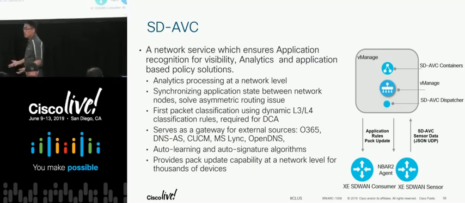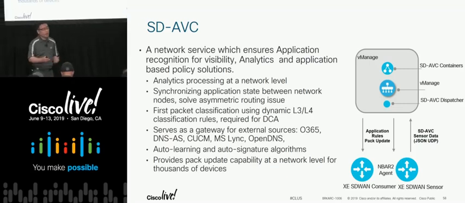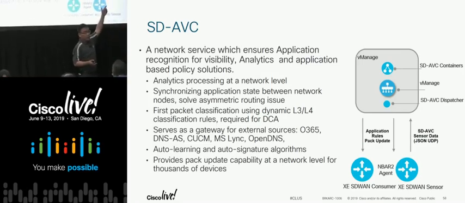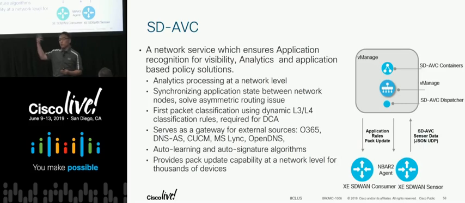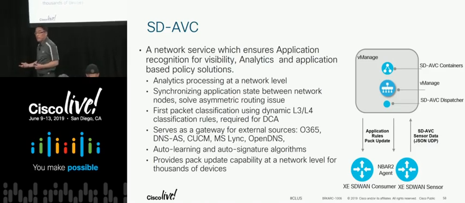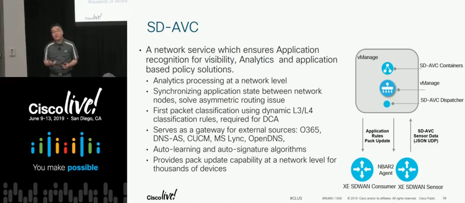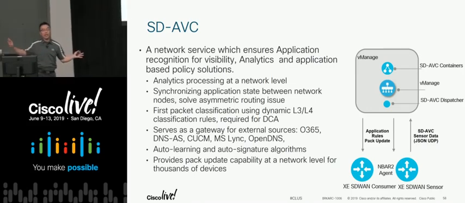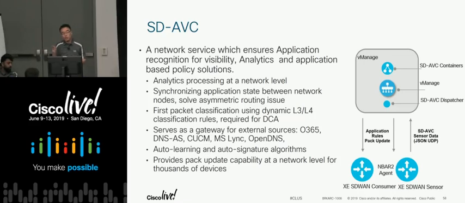They're the ones doing the deep packet inspection, and they're able to send their sensor data in a JSON UDP format up to the controller. The controller is a container running on the vManage. So the controller is going to aggregate and synchronize the application state across the network to identify the application and do precise application classification.